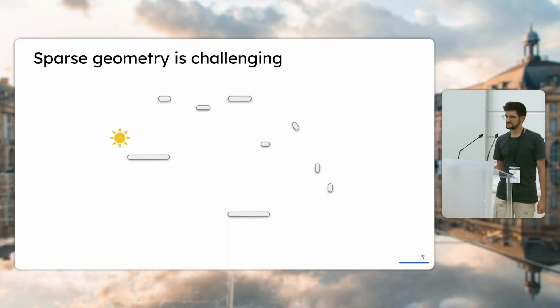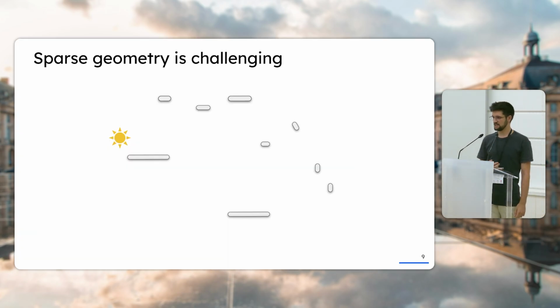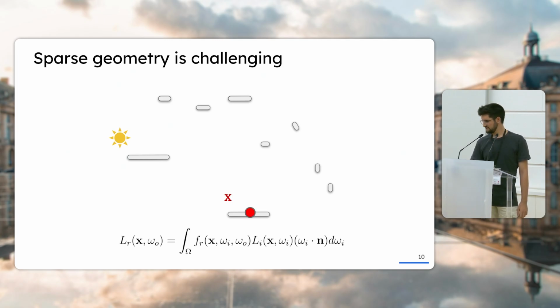But why is sparse geometry so challenging? So here you can see the sparse geometry in the gray surfaces and light in yellow. And we are trying to compute the outgoing radiance at a given point x, which is the classical rendering equation.